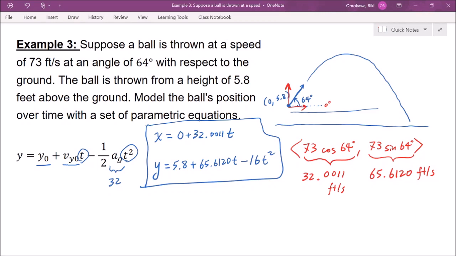Now, one issue here, the equation for x is just a linear equation, so it's quite easy to deal with. By the way, we don't need the 0 plus if we want to make the equation cleaner, because adding 0 does nothing. But the issue is the y equation is a quadratic equation. So when you're doing calculations with this, you might have to remember some things you learned about quadratic equations in your previous work.